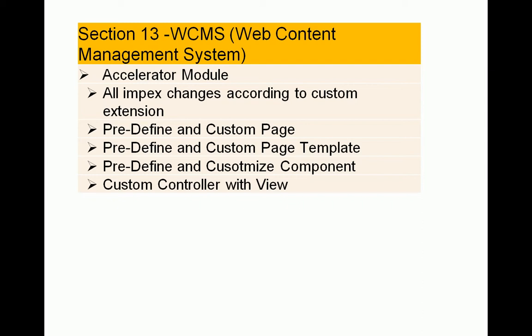In section 13, this is predominantly the content management system. It's web content management: how a content administrator can manage an entire e-commerce site. Basically in the web content management system, what pages are there, and if you want to create custom pages, page templates, and static pages.